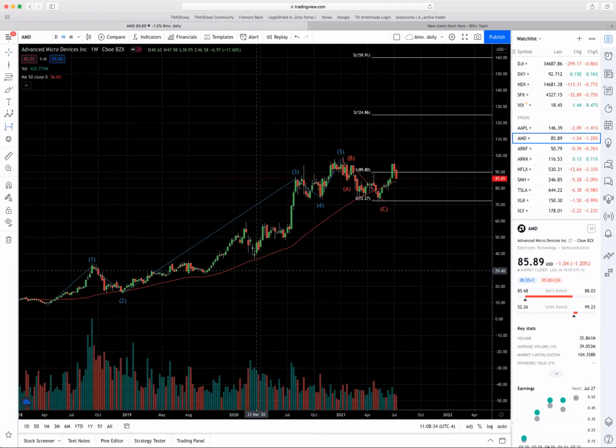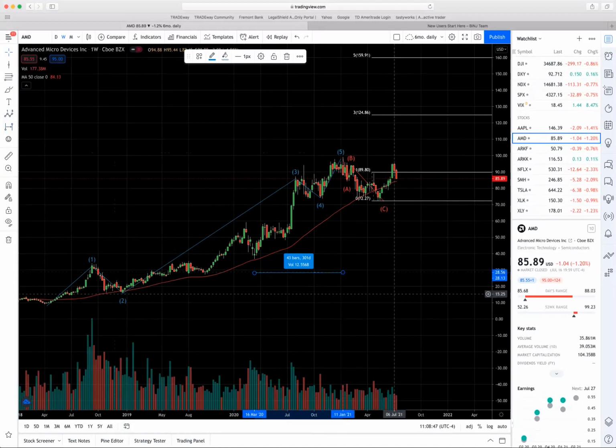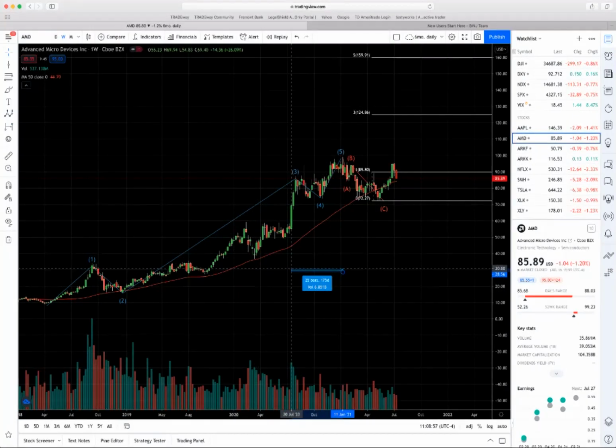Because like 1,000 days just to go to 124 definitely does not seem reasonable. You guys would totally agree with that. But 43 bars, maybe 301 days, does? I don't even think I did it from there. I think I did it from this break. 25 weekly bars.